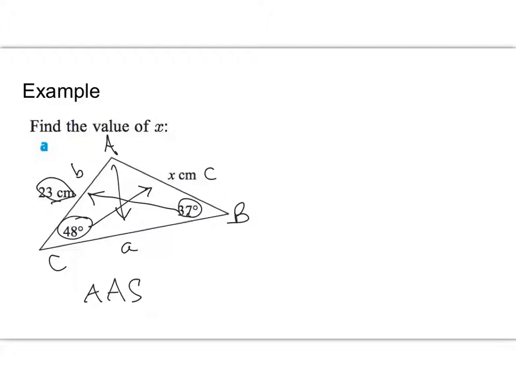What's important here is that I have one of my ratios. So I'm going to go ahead and write the sine of B over side B equals the sine of C over side C. The reason I chose those two is because I have angle B and I have side B. I have one complete ratio.